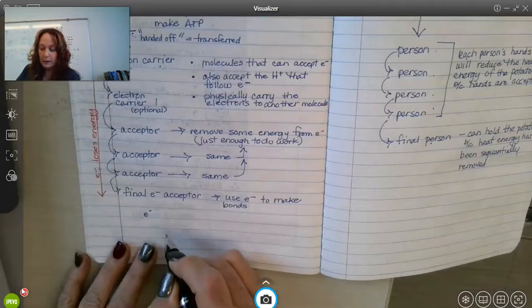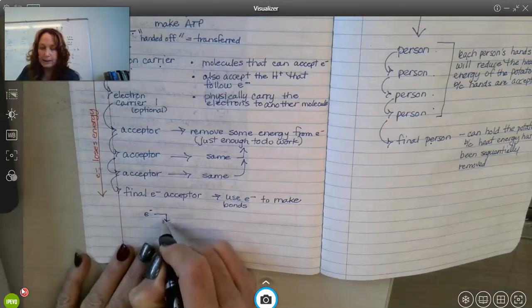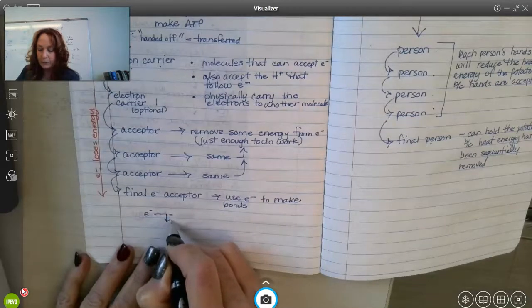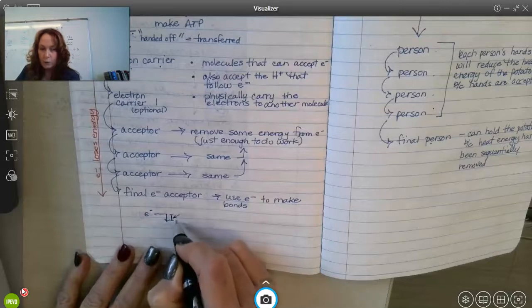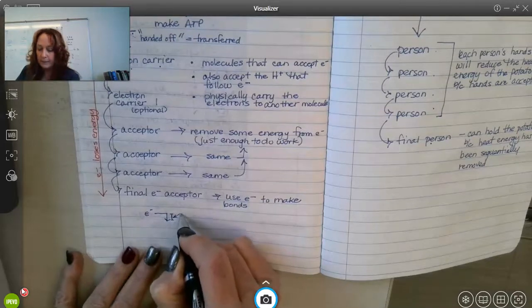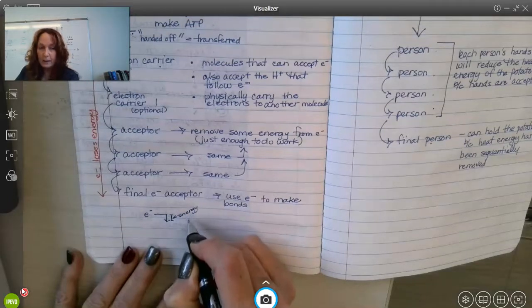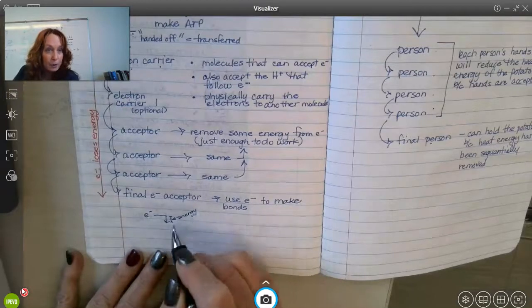You've got this electron, and every time it's given to an acceptor, it's going to lose energy, and this drop here is going to be the energy that is a good, normal, manageable amount. It's a little dab of toothpaste.